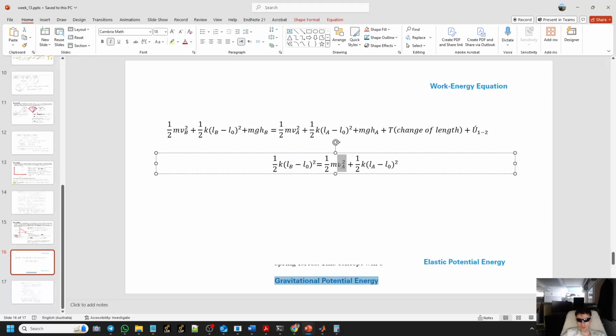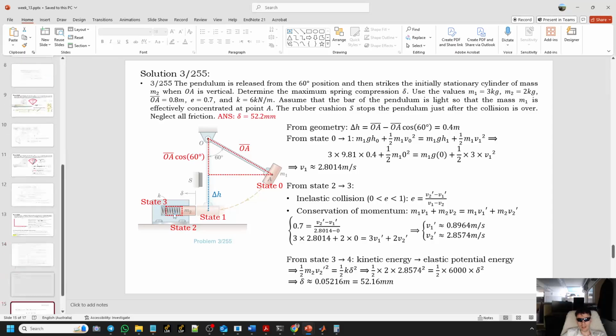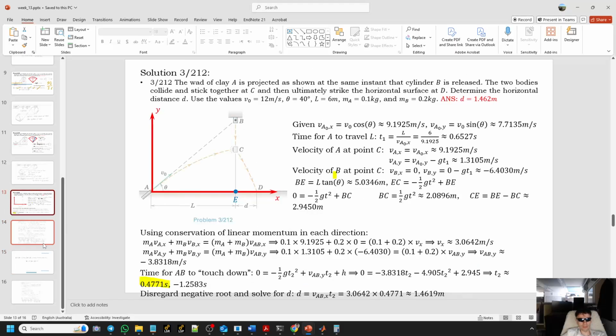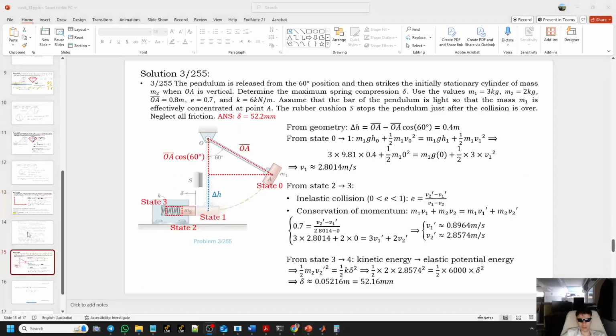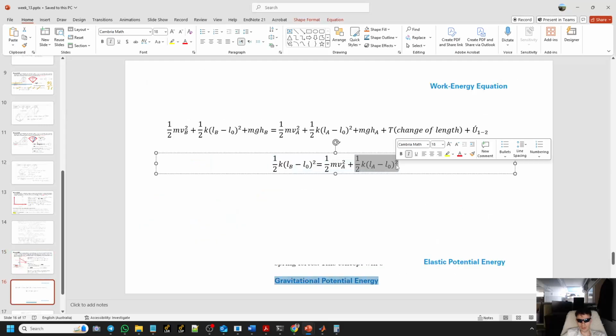And also before, at the beginning, it was in a stretched state, so we don't have any elastic potential energy, so this term will also be 0.